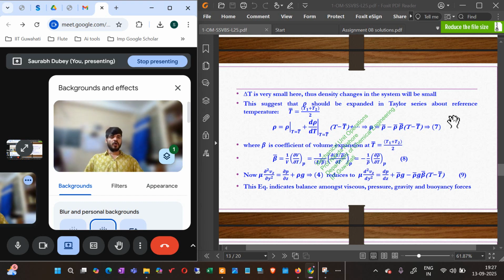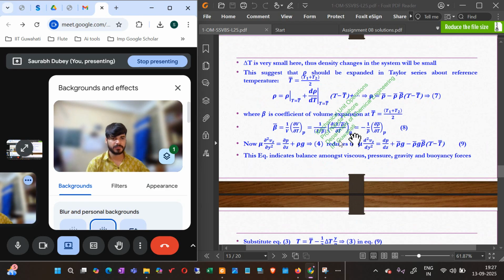So the density equals density bar minus density bar beta bar (T minus T bar), where beta is the coefficient of volume expansion at T bar. Okay, and then beta you know. So when you put it here, you will be getting this one.